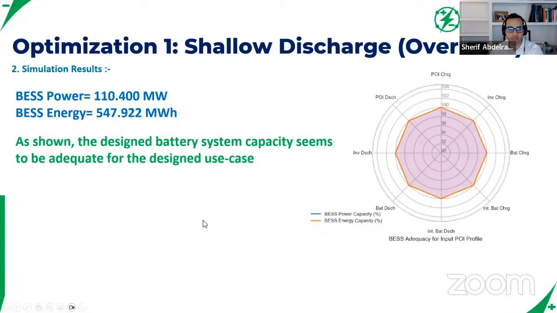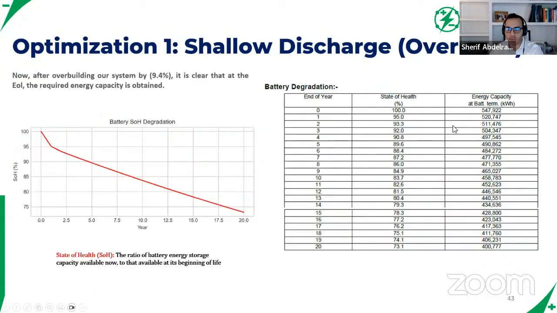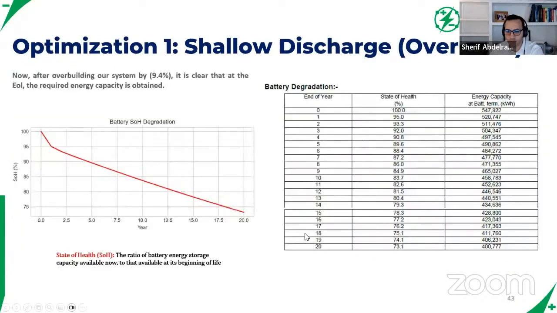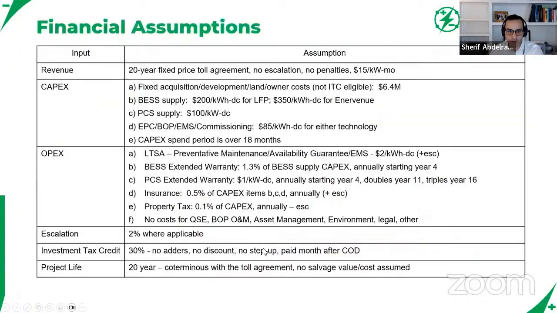We achieved that with 548 megawatt hours capacity. So you can see that it's quite different than the first case. I think it'll become clearer in the comparison slide. So Adam, I'll pass it over to you to go through that comparison.